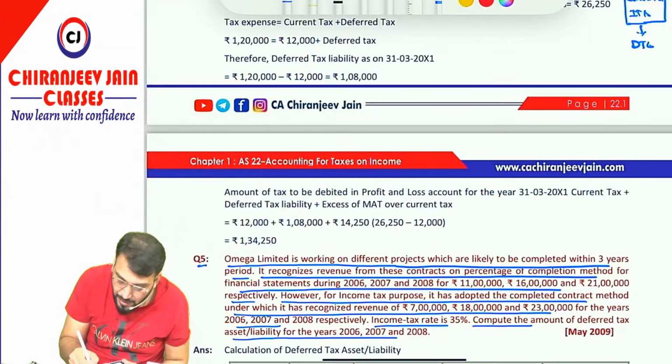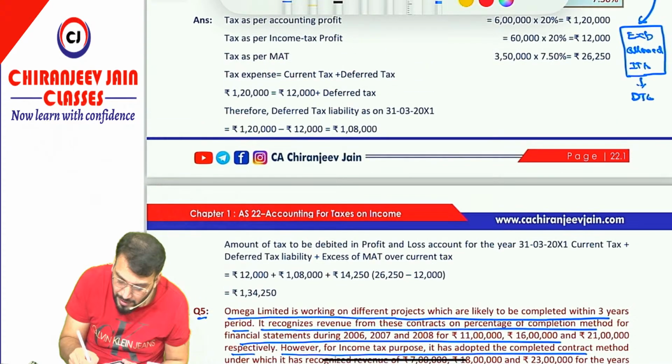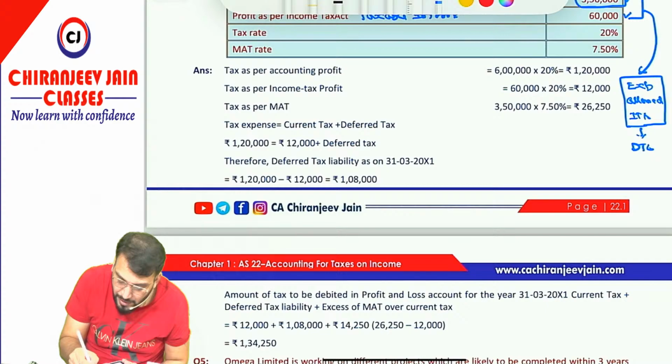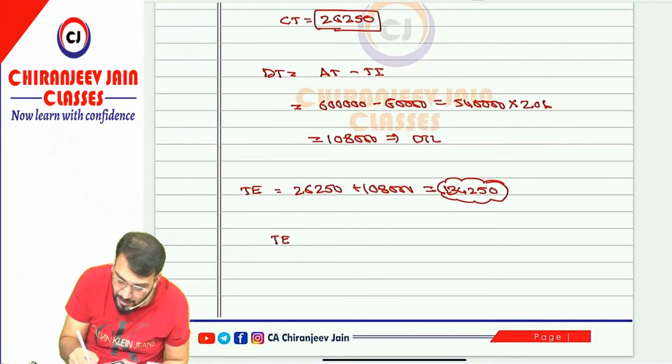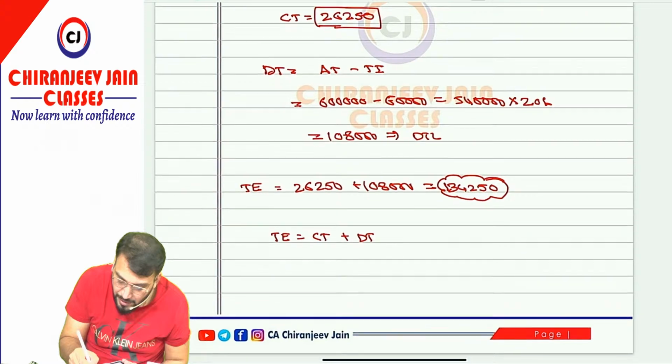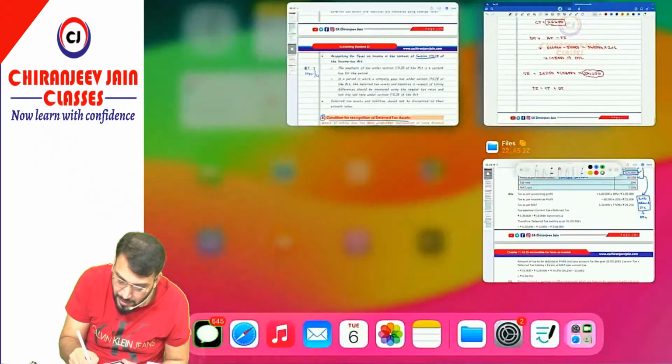Understood? Now they have done in some other way. I'll just try to explain what they have done, means what they have written. Tax expense they have written is current tax plus deferred tax. Understood? They have given in this way. Got this point? Correct. Now tax expense will be what?